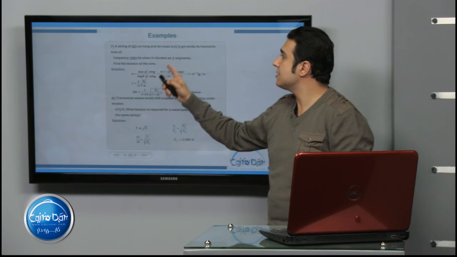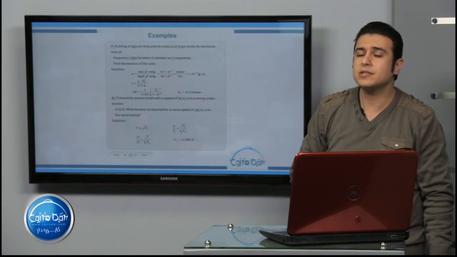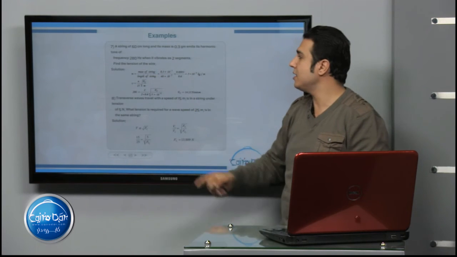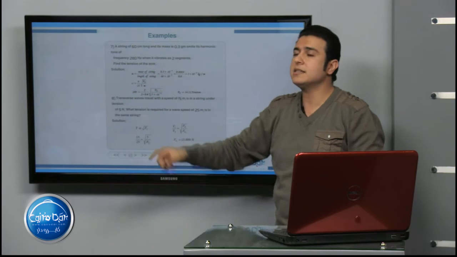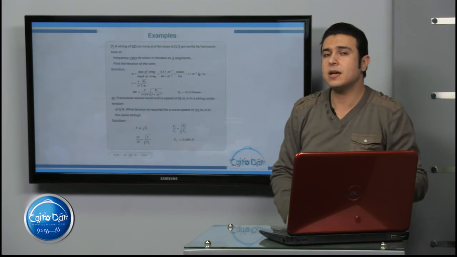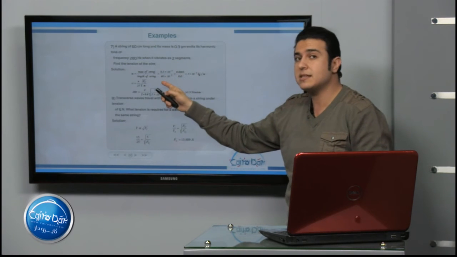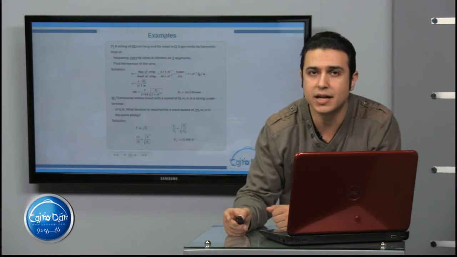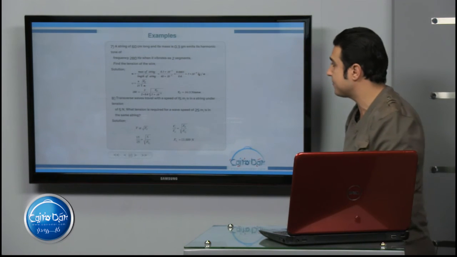Mass of the string is 0.3 gram, but we have to change it to kilogram, so 0.3 times 10 power negative 3 divided by the length of the string, 60 times 10 power negative 2. It will be 5 times 10 power negative 4 kilogram per meter. That's for the mass per unit length.